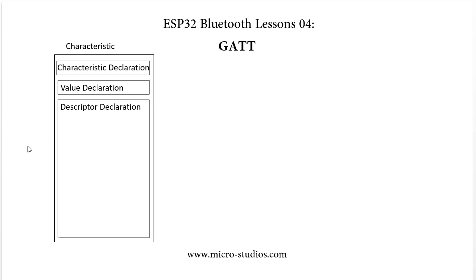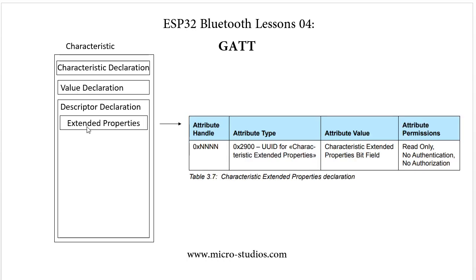The first one is this one. The first one is extended properties. So if we find the UUID is 2900, we will know this group of data is for these properties.